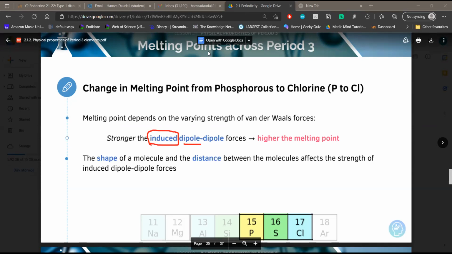So a permanent dipole to dipole is created within two bonding atoms, created by a difference in electronegativity. So I'm sure you know about your covalent bond. Let's say you have hydrogen and fluorine. Which one of these has a higher electronegativity?